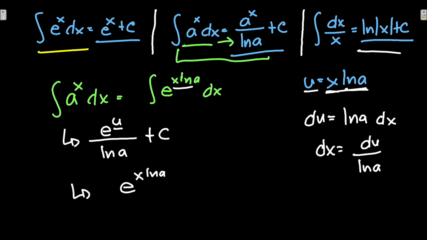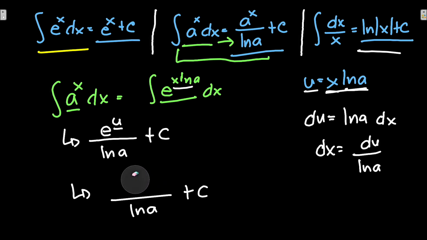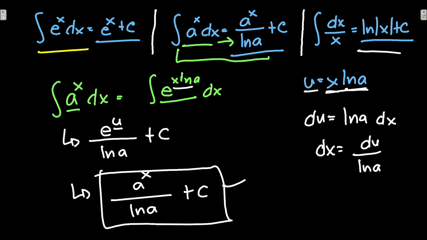So e to the power of x ln of a over ln of a plus c. You can see here that e to the power of x ln of a is the same as a to the power of x. So you can rewrite this as a to the power of x over ln of a plus c, which is this answer.